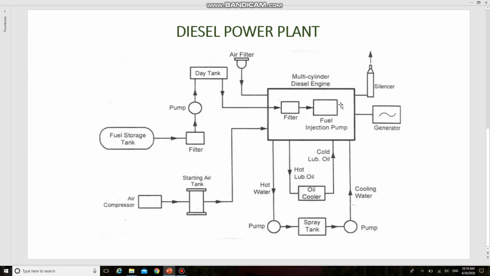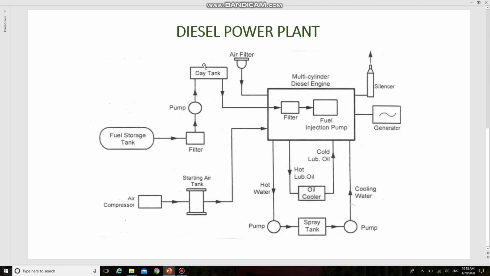Okay. Next one is the fuel system. It includes the storage tank, fuel pump, fuel transfer pump, strainers and heaters. This is the pump which draws diesel from the storage tank and supplies it through the filter to the small day tank.